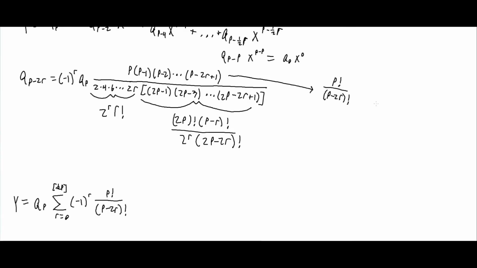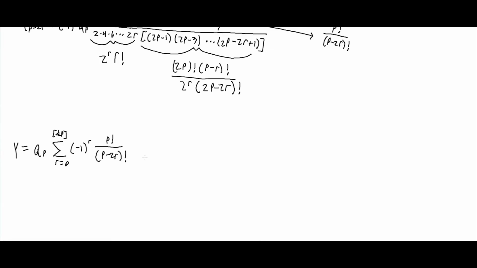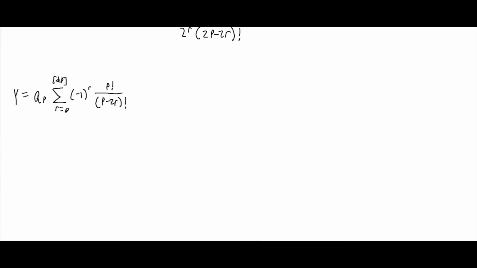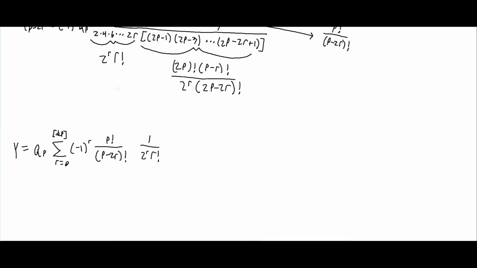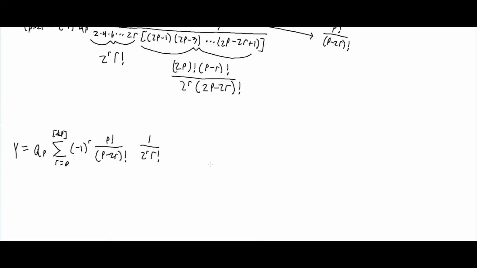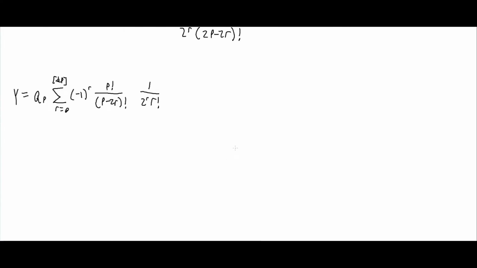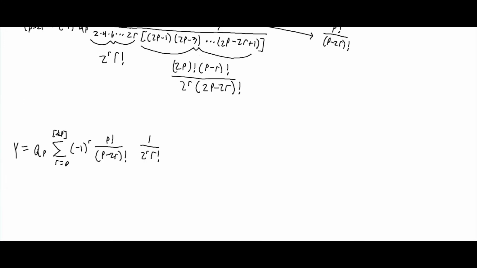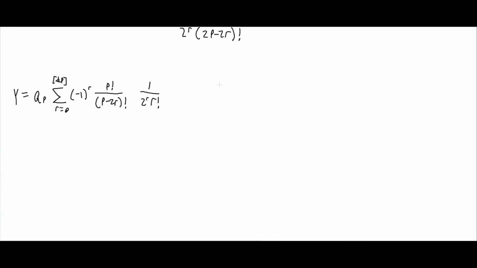So that was this up here. And then we multiply that by 1 over 2 to the r times r factorial, which was this right here. And we see this is in the denominator because that was in the denominator. And then we multiply that by, essentially this right here, but flipped around since that is in the denominator.